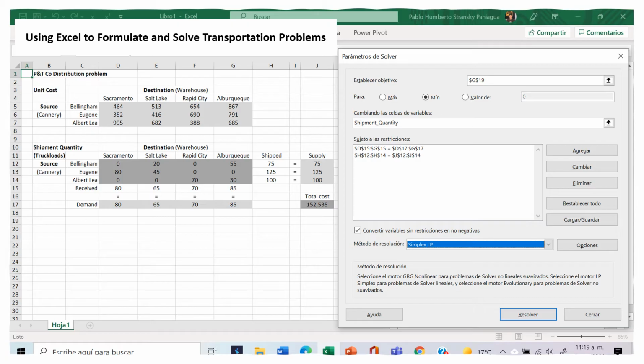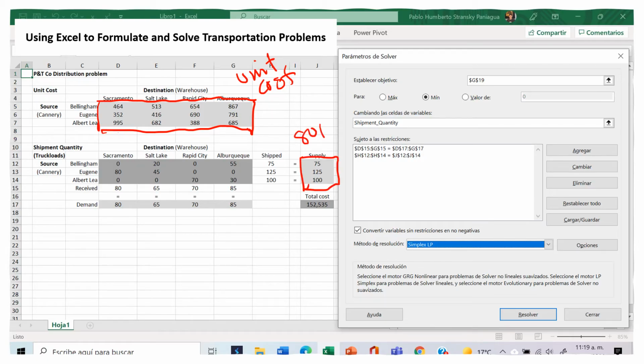If we use Excel Solver for solving the problem of the PAT distribution problem, we're going to have this pattern. We're going to have mainly three inputs of information: our unit cost, our supply, and our demand.